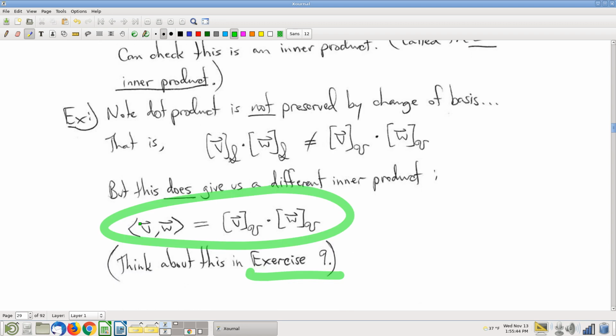Exercise 9 phrases this differently, but it's a nice supplemental exercise to look at what exercise 9 actually asks you to do, and then look back at this, and then make the connection and realize that these are, in fact, ultimately the same question. Right? So, anyway, this is just something to be thinking about as you're doing exercise 9. Okay.